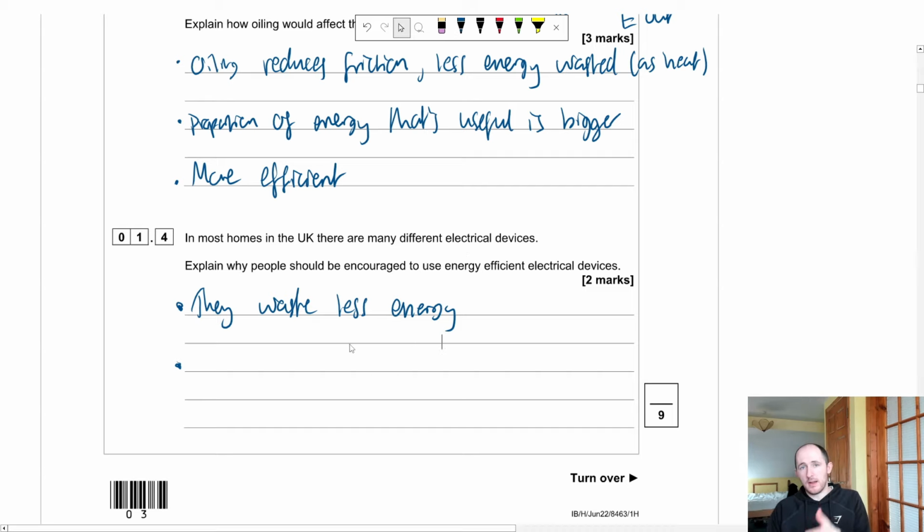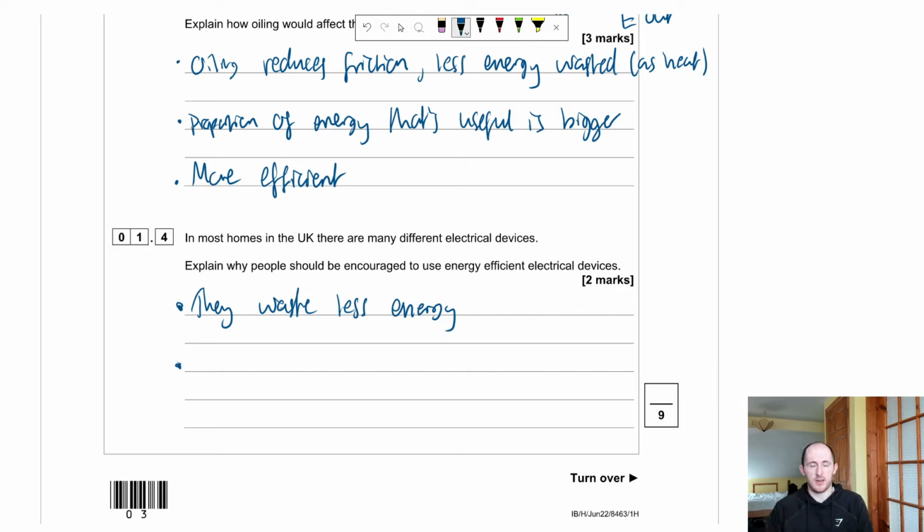So now, and this is where the second mark comes into play, where it's a bit of interpretation, why should we encourage people to use energy efficient devices? So in short, why do we care about energy waste? Well, what would the effect be if everyone started using energy efficient devices? Well, there's less wasted energy, which means the energy demand is lower. Or you can say the amount of electricity needed or whatever.